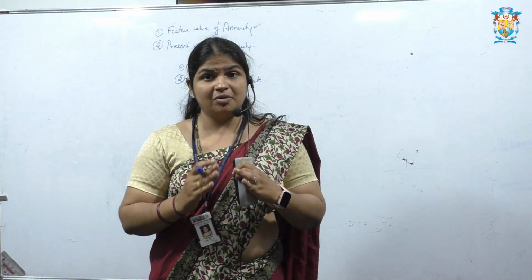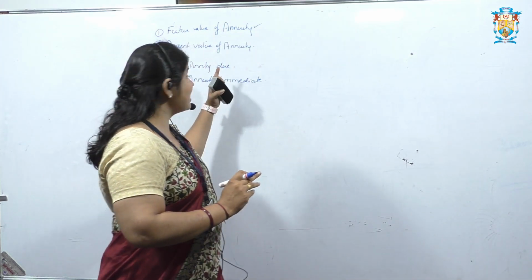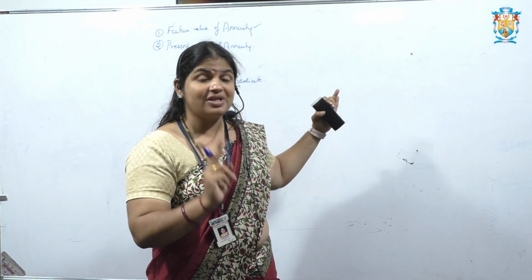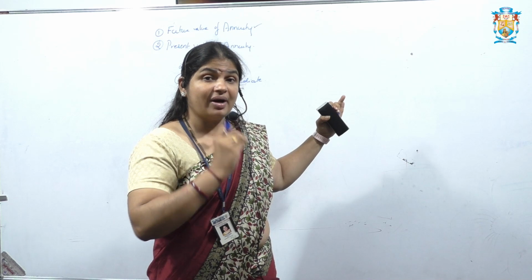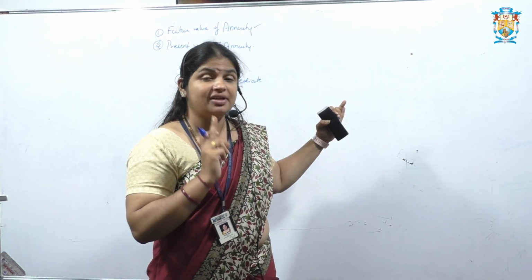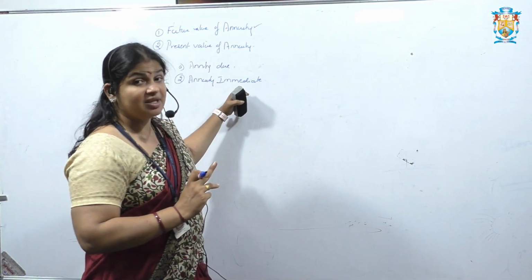Annuity due is nothing but if I make a payment at the beginning of a month, that is known as annuity due. If I make a payment at the end of a month, that is known as annuity immediate. So if the money is withdrawn from my account within a week or at the beginning of a month, that is known as due. If I make a payment at the end of a month, that is known as immediate.